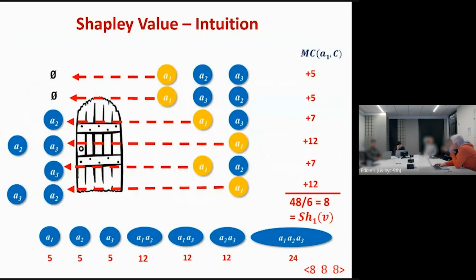Essentially, Shapley value is an average marginal contribution of a player when they enter the game in this order, according to the permutation. So in Shapley value we assume that the order of players matters.